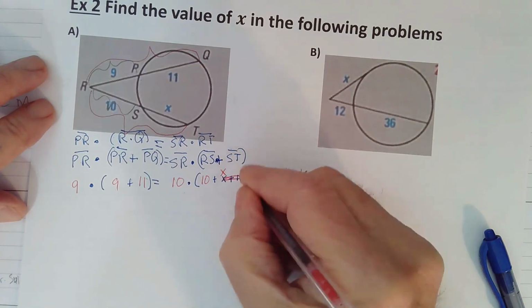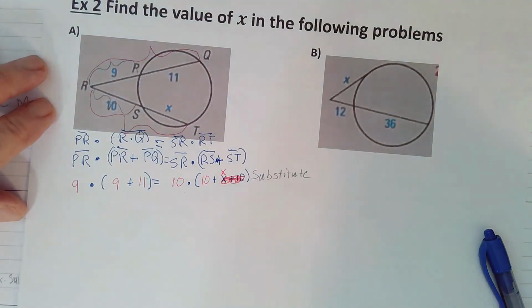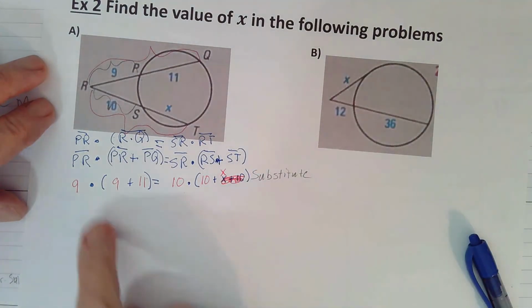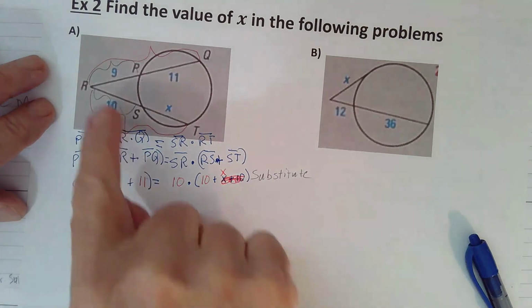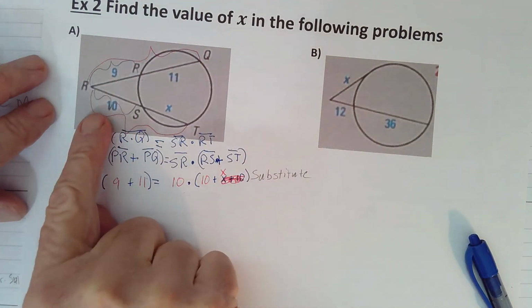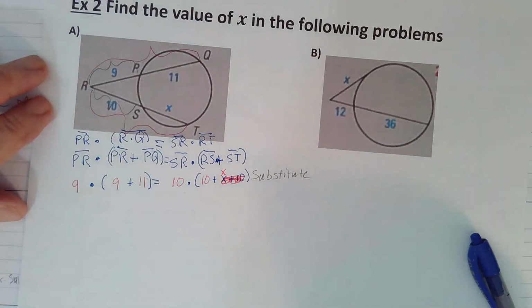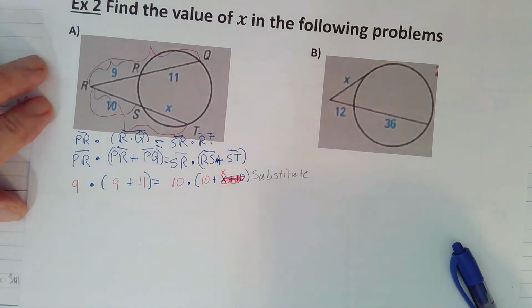It's X plus 10. I had an extra 10 in there. All right. So 9 times 9 plus 11. 9 plus 11 is the whole thing. And then the lower one, it's 10 plus X plus 10, or 10 plus X. Doesn't matter which way it is. It's addition. You can show it either way. All right. So now let's simplify.